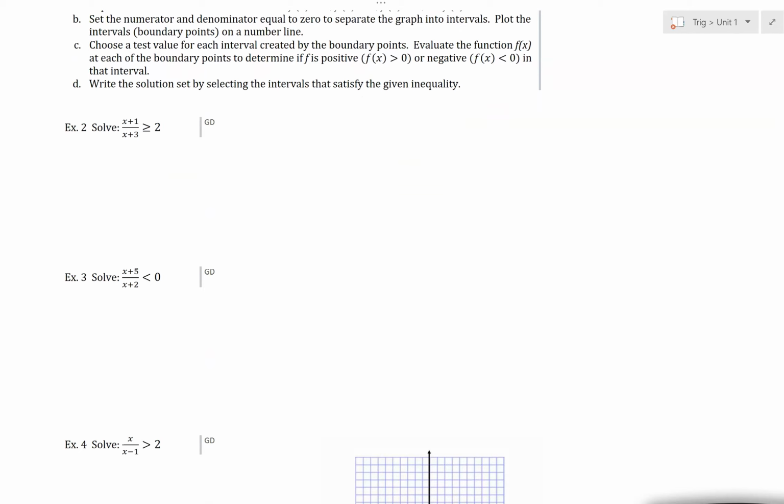Now, this one's a little bit different because now it's got a 2 on the other side. It's not 0. So first thing we would have to do is bring the 2 over.